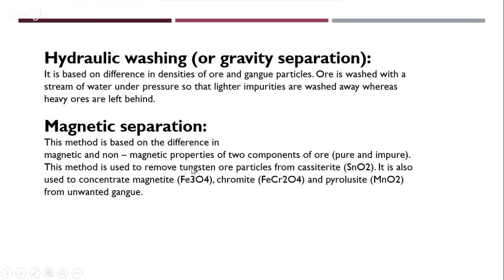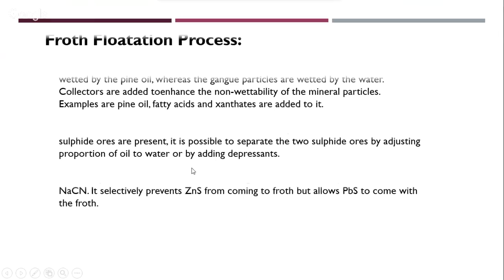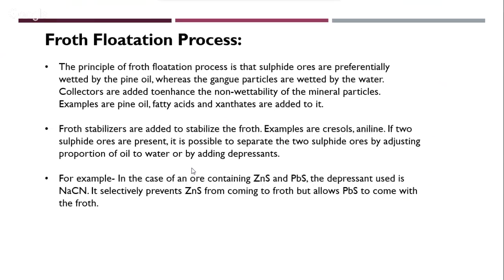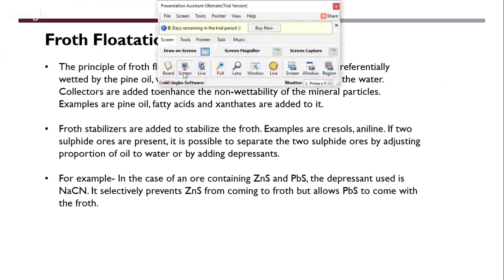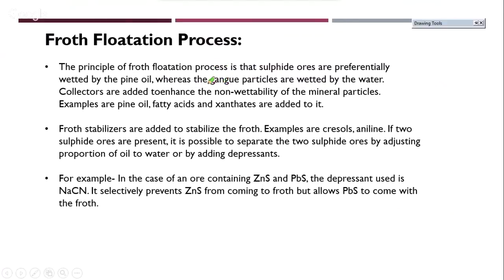Now all of these processes concentrate ores. The next process is froth flotation. One of the most important properties is selective wetting of a substance, which means how can you get water connected to, or let's say dissolving, certain substances and not others. For example, sulfides are very easily bonded with, or soluble in, pine oil.